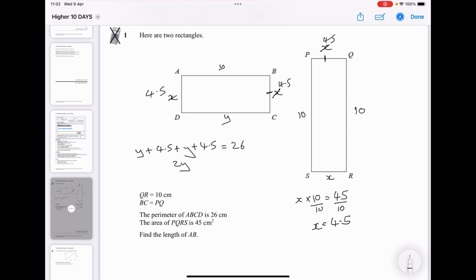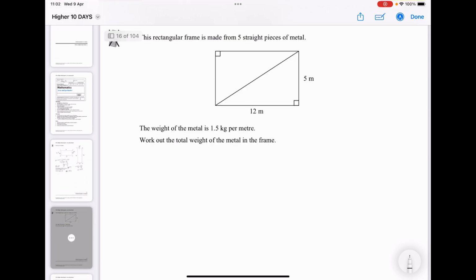Simplify that: 2Y plus 9 equals 26. Take away the 9, 2Y equals 17. Divide by 2, so Y equals 8.5, not X. Y equals 8.5, and that is AB. There you go. That was quite easy, to be fair.